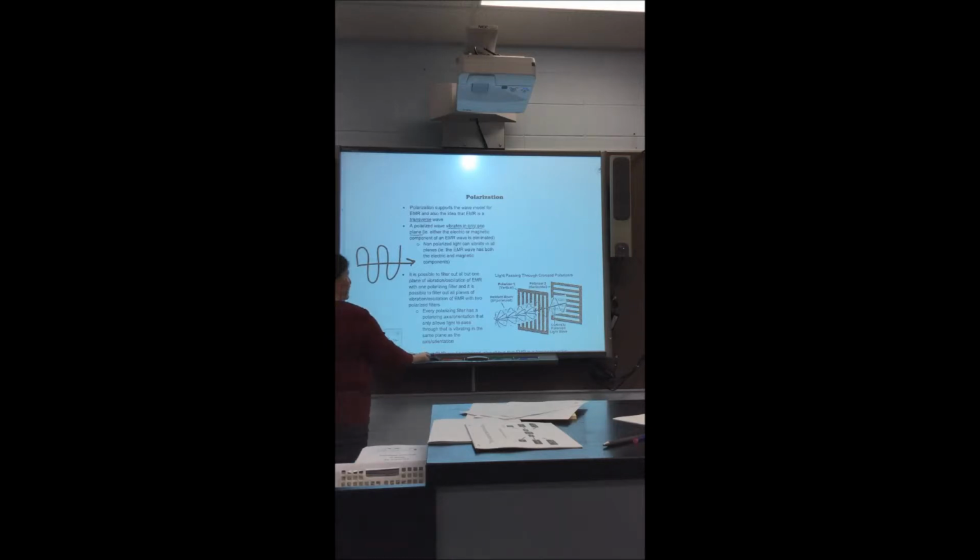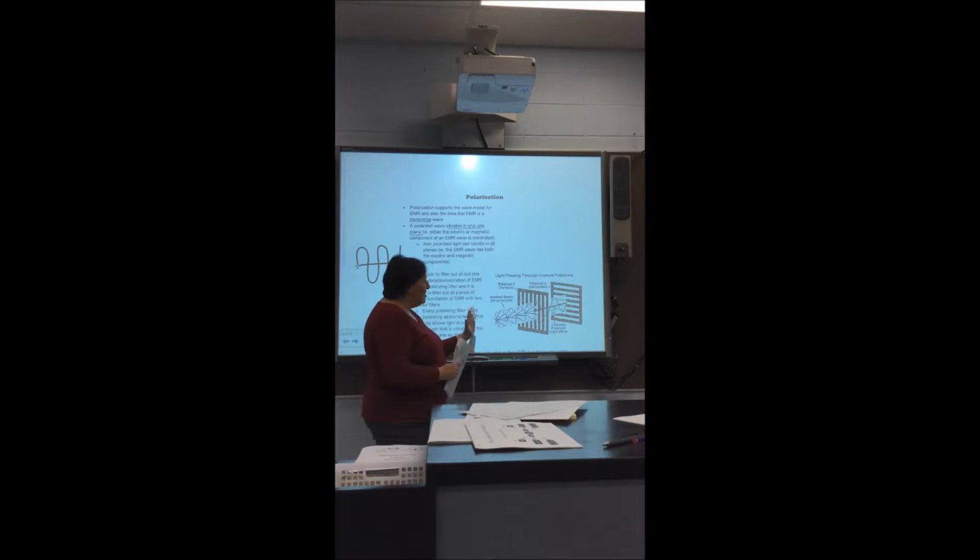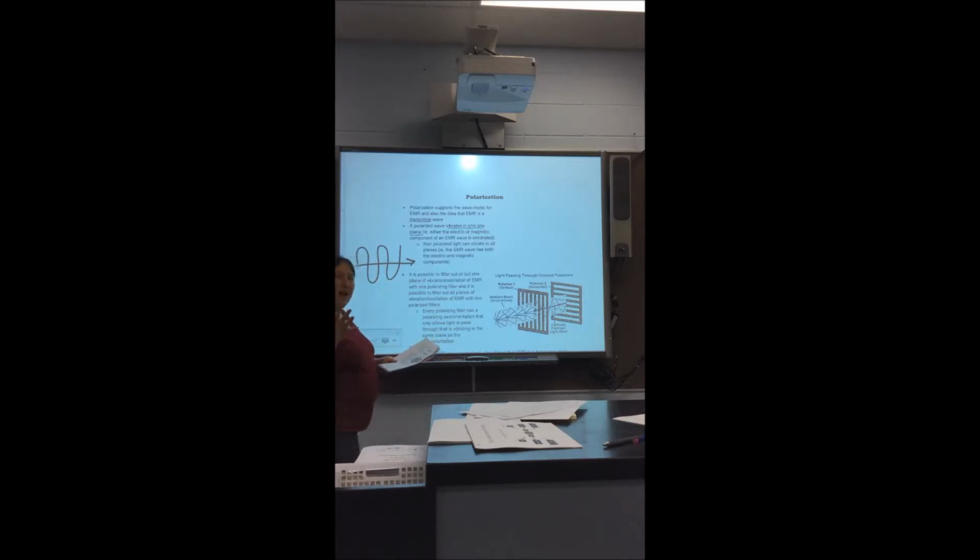And a polarized wave will only vibrate in one plane. So when we look at this diagram here, we can see that waves travel in this direction, they travel in this direction, they travel in this direction, and we just keep going around. We only ever look at something in one direction, but it's always traveling in multiple directions.